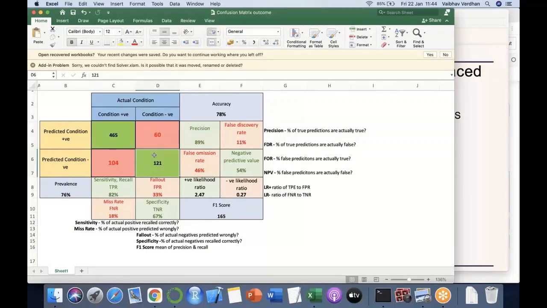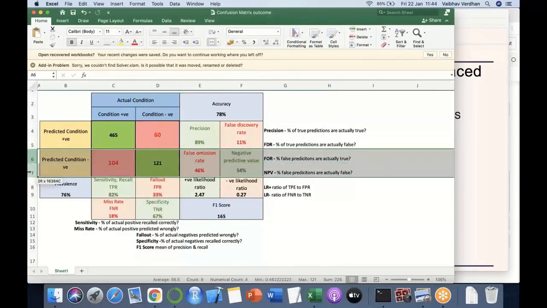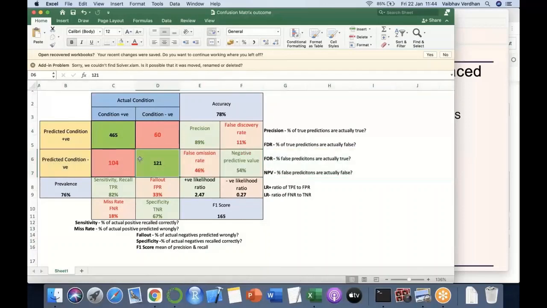Similarly, this 121, all these are made-up numbers. This one says the actual condition is that the transaction is genuine, and the algorithm also predicts the same. Good, the algorithm is doing a good job. These two over here are the opposite. The algorithm said yes, the actual was no; the actual was yes, the algorithm said no. This is the confusion matrix for binary classification. It can be extended to a multi-class classification model also.